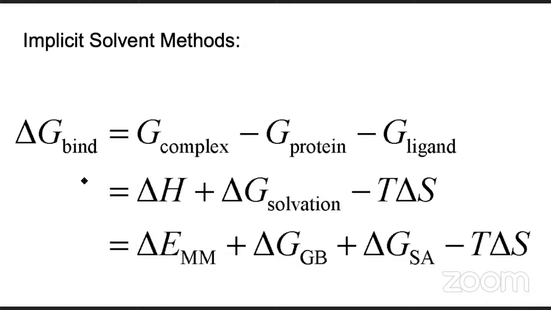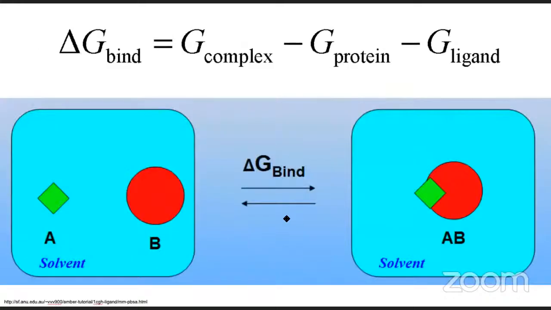Now, you don't have to do any of this yourself. All you have to do is to first do 3 simulations, for example. You will first do an MD simulation of the green molecule alone. Then you will do a simulation of your red sphere alone. And then you will do a simulation where the green is bound to the red.